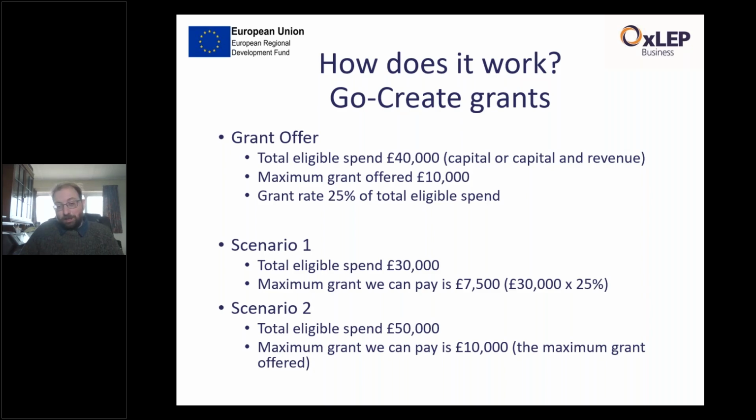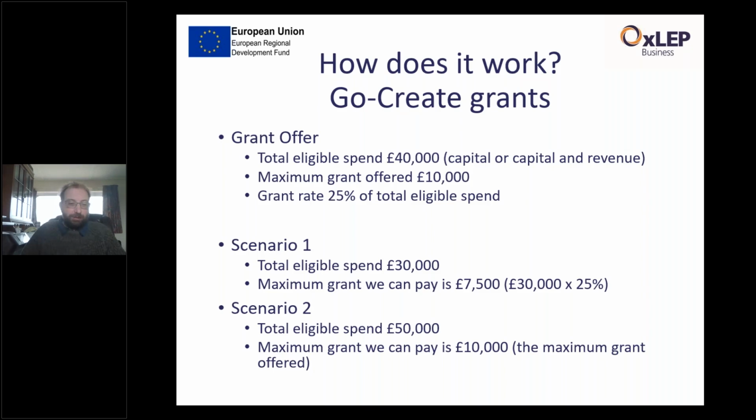Unfortunately, we know that in the real world, things don't work like that. So in the first scenario, your total eligible spend ends up being 30,000, so you underspend against the approved grant. The maximum grant that we can pay against that £30,000 is locked at 25%, so it's 7,500. So if you underspend, the grant we can pay is based on the grant rate, the 25%.